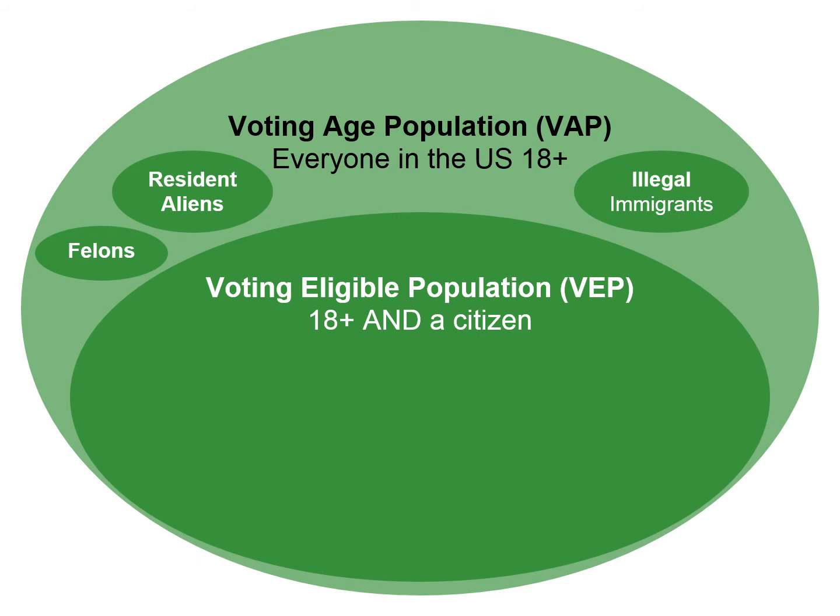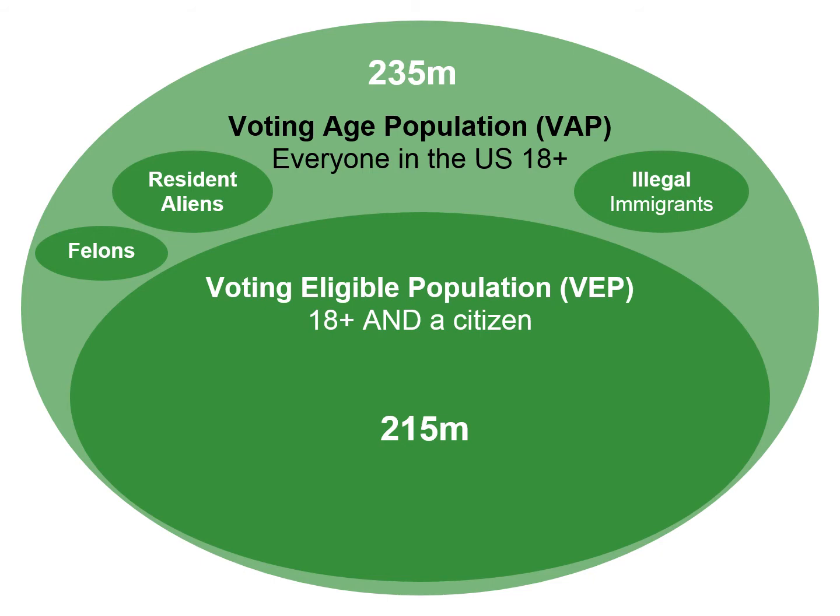Another important thing to consider here is that for a long time the VAP and the VEP in American history were very similar. Most people over the age of 18 were able to vote. However, as time has gone on, we have seen more populations that are not eligible to vote that are otherwise included in the VAP.